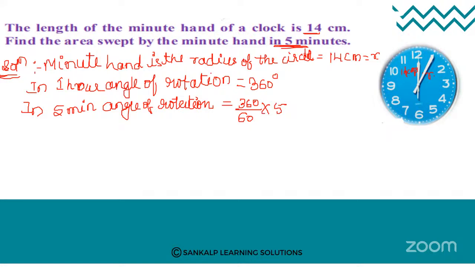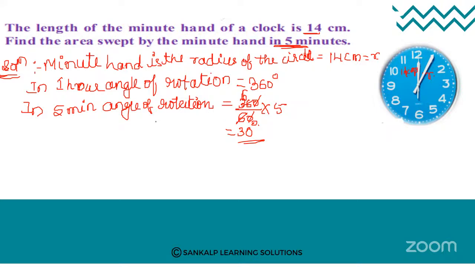So the zeros will get cancelled. 6 ones are 6, 6 sixes are 36. So 6 into 5 is equal to 30 degree. So the angle of rotation in 5 minutes is 30 degree.